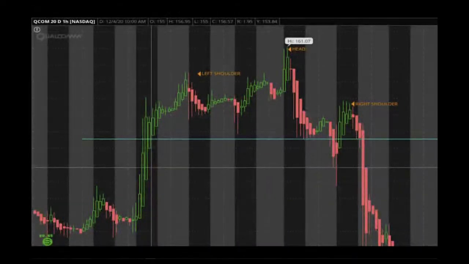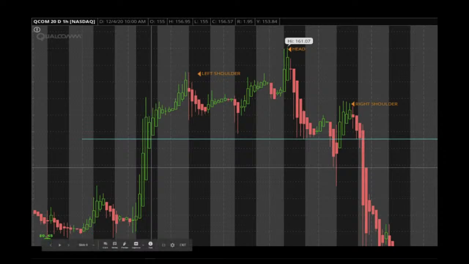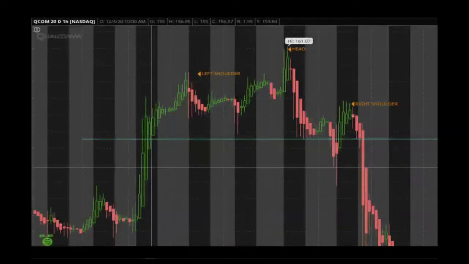Then you have another correction in your right shoulder, which is going to be a lower high. It's going to be lower than your left shoulder, okay? And once it breaks that support, your pattern is complete and the reversal is happening. So now you go from an uptrend to a downtrend. So that's your head and shoulders. It's a reversal chart pattern.